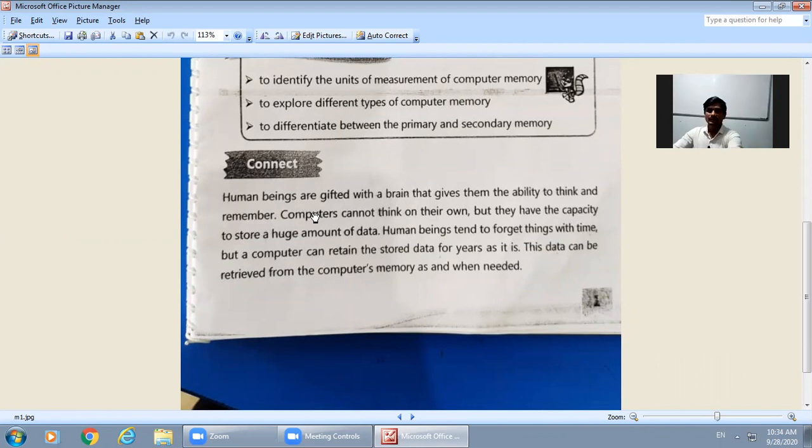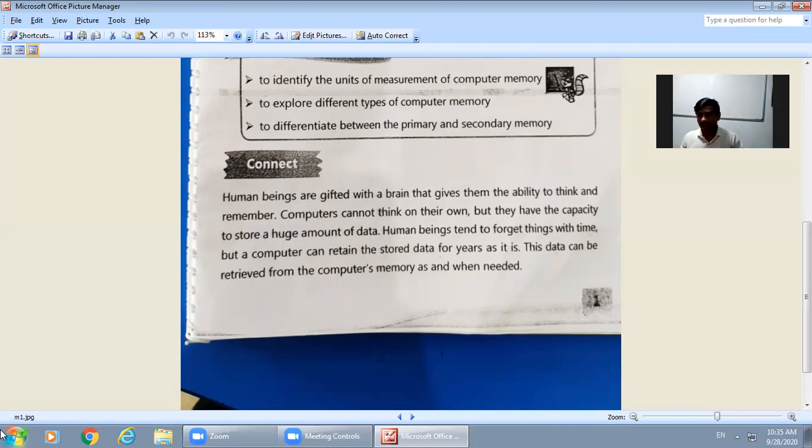See, human beings are gifted with a brain, giving them the ability to think and memory. Every time we are saying we are God's gift. From God we got some gifts, such as remembering everything, that is our memory.